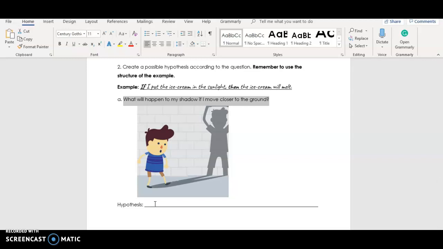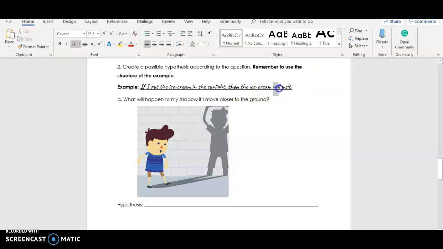Think about it. And then after you write that, you need to put a comma, then, and the possible result.